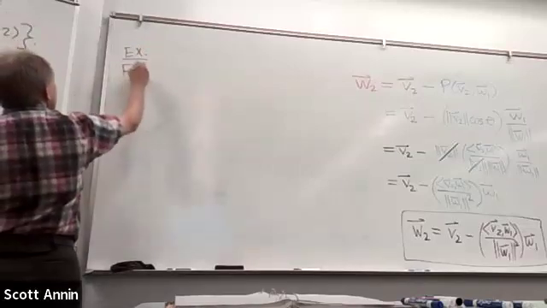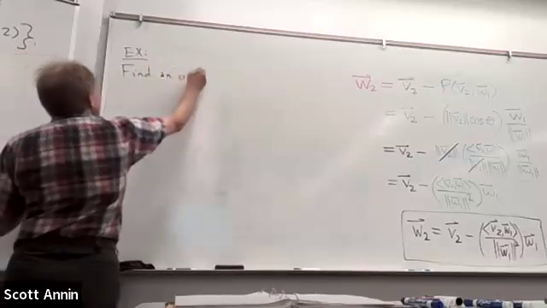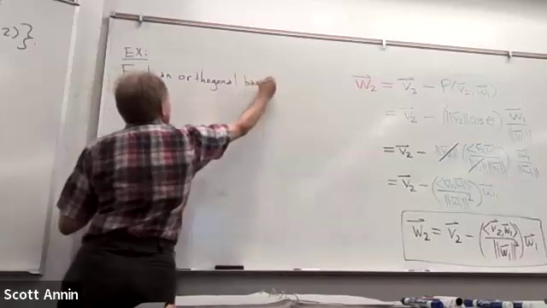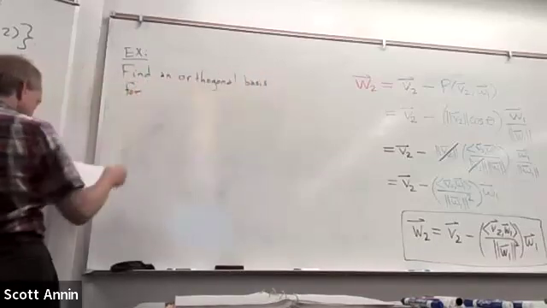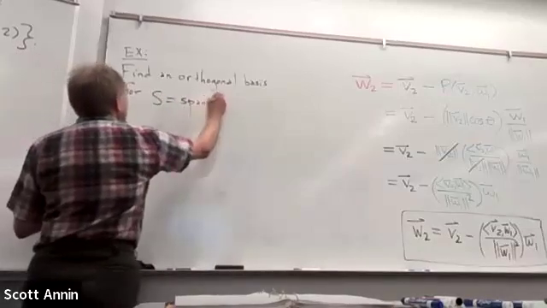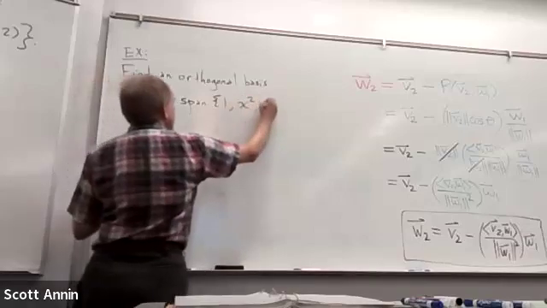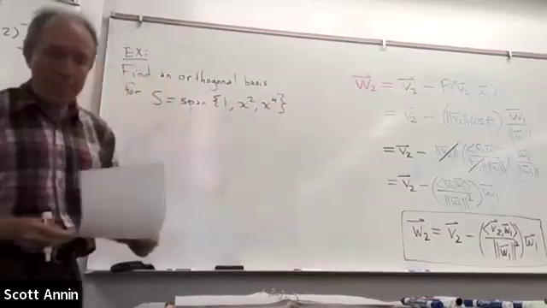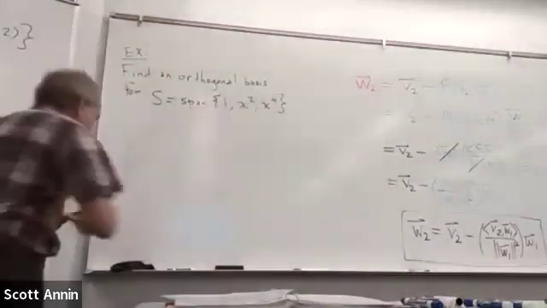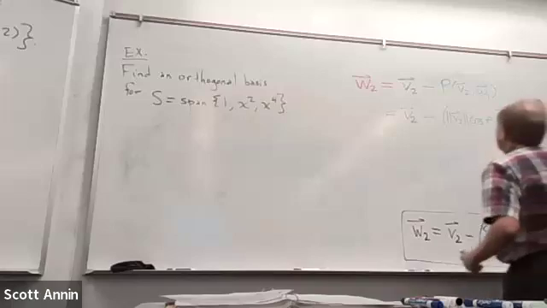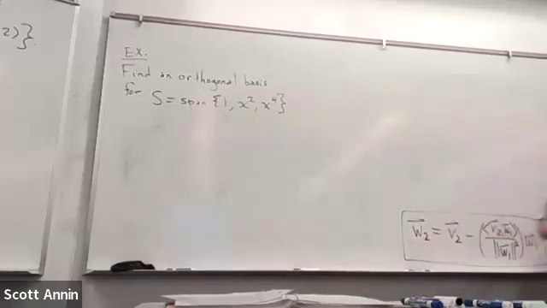Let's find an orthogonal basis for S, which is going to be the span of 1, x squared and x to the 4th. I've got to give myself a little bit of room here, but I'm going to try to keep the boxed formulas up on the board because we're probably going to want to use those again.